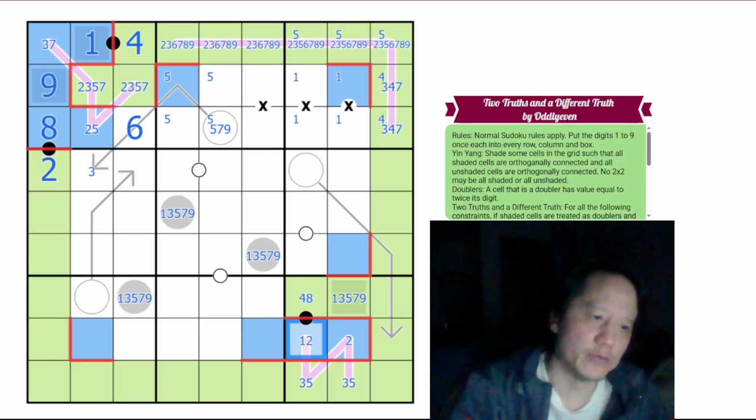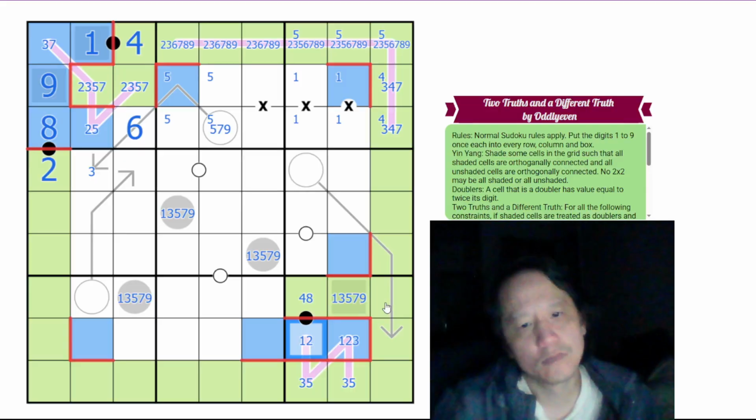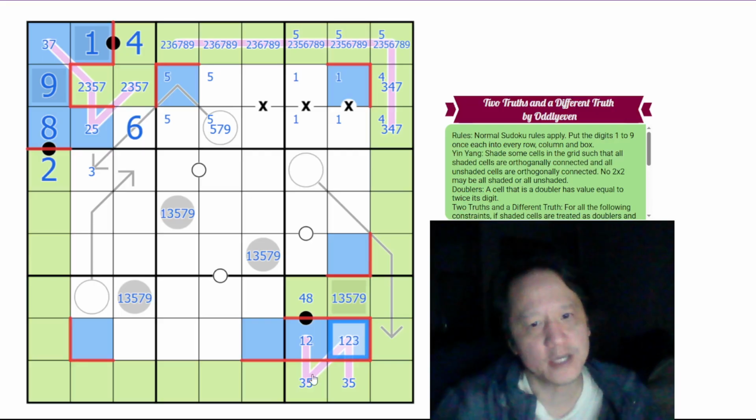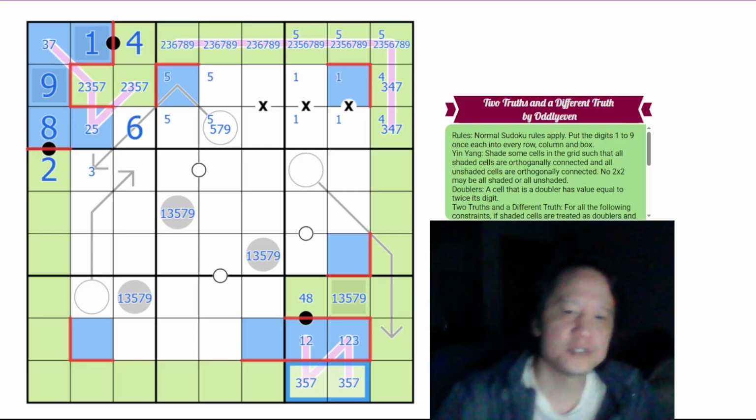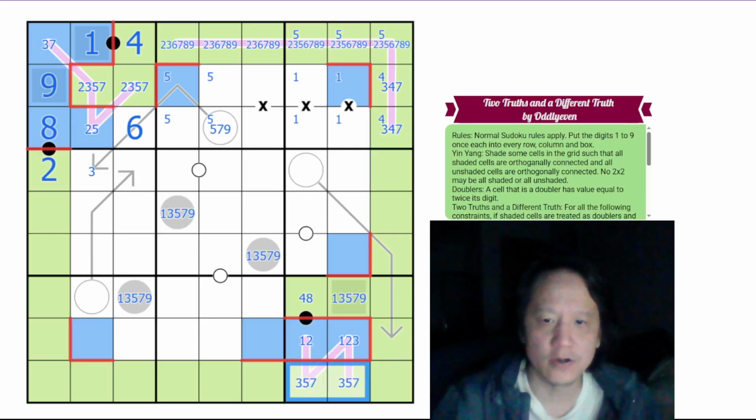If this is 2 doubled, I guess this could be 1 doubled with the same scenario. Or 2 doubled with 3 doubled. And if you have 2 and 3 doubled, that's 4 and 6. We can't have a 3, so it must be 5 and 7. So this is guaranteed to be 5 here.